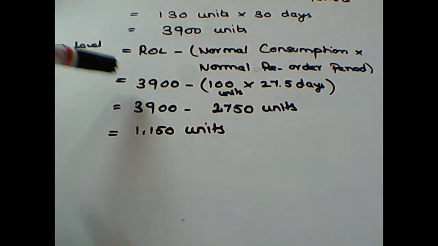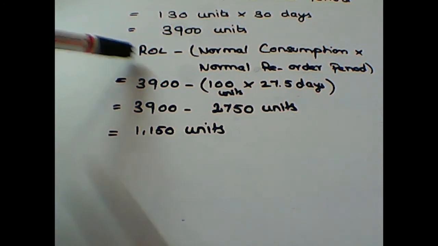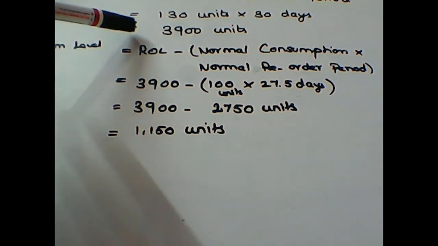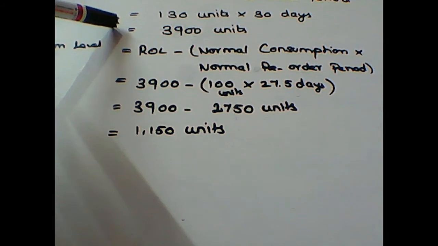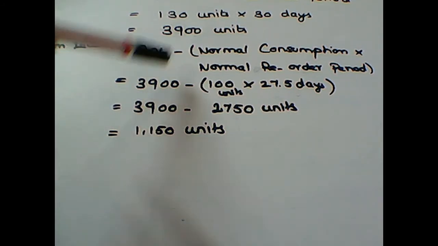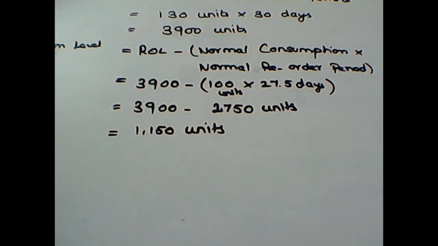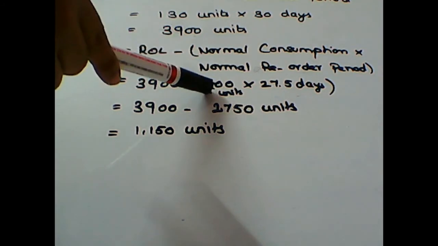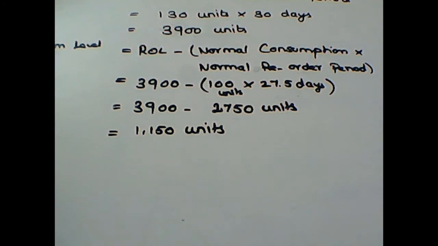So here we have written this 3900 from the reorder level. We have calculated before 3900 units. And what is normal consumption? We have to see in the question. It was given that our normal usage is 100 units per day. So we have written our normal consumption as 100 units, and normal reorder period.